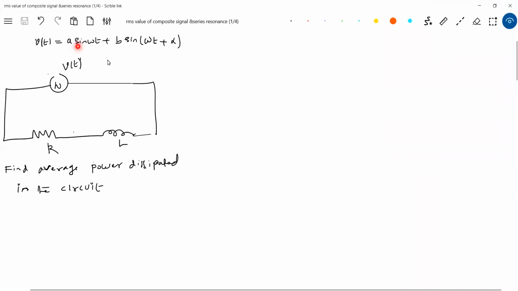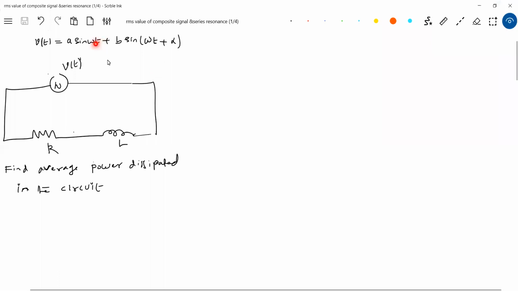Now look at this signal: A sine omega t plus B sine omega t plus alpha. So what should we calculate? We should find out the VRMS of this one, and what is the phase angle of the given signal. We know how to calculate VRMS.